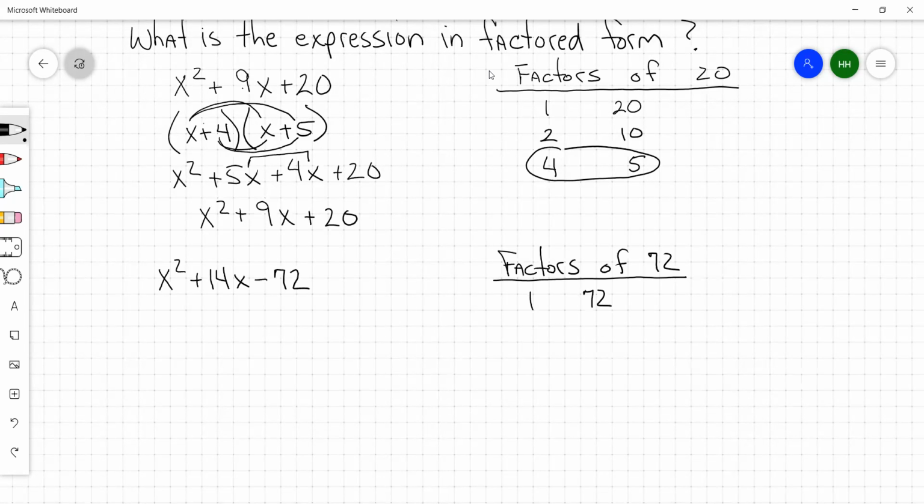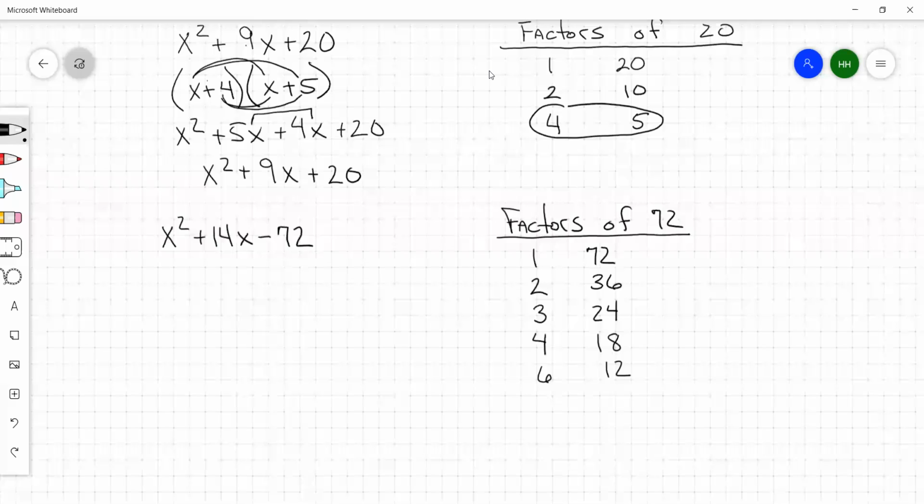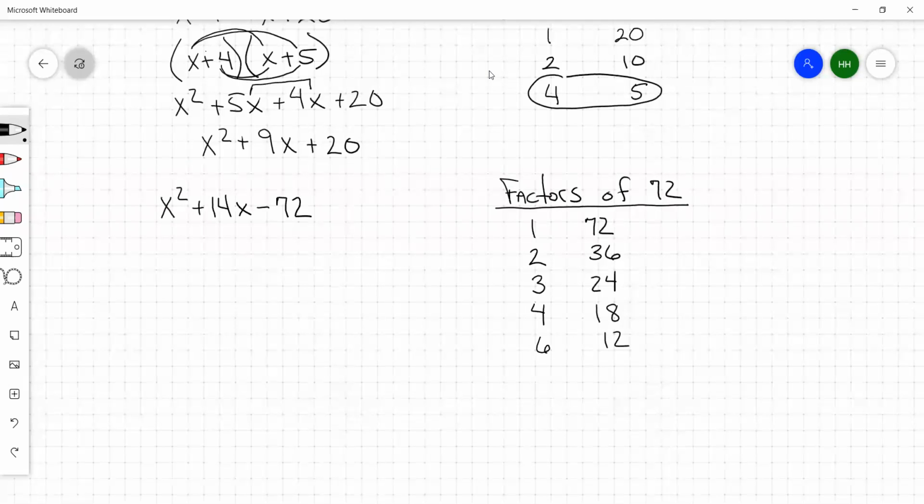We got 1 and 72, 2 and 36, 3, just 3, I don't think 3 goes into 72, maybe it does. 72 divided by 3, yep, 3 and 24. 4, does 4 go? 72 divided by 4, 18, 4 and 18. 5 doesn't, 6, 72 divided by 6, 12, 6 and 12. 7 doesn't go. 8, 72 divided by 8, I think that's 9, 8 and 9.